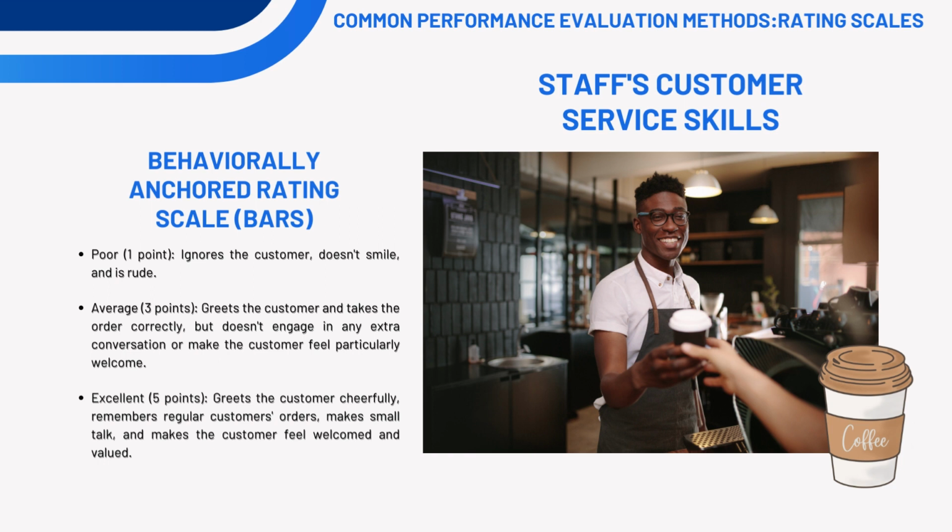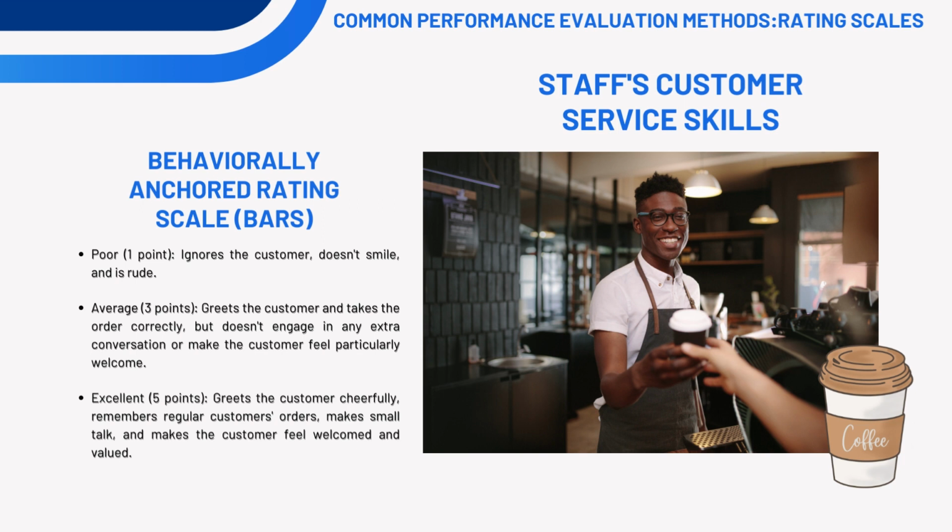So BARS gives clear examples of what behavior would earn an employee those points in the scores placed there, and it leaves less room for subjective interpretation and bias because it focuses on observable behaviors. So the specific examples I provided make it clear what performance is expected at each level or at each score, which can help employees understand exactly what they need to do to improve.